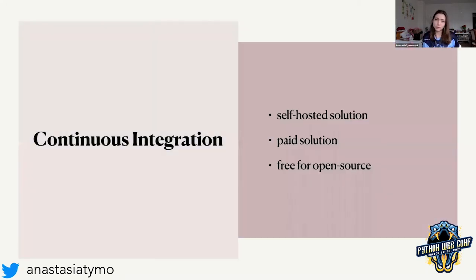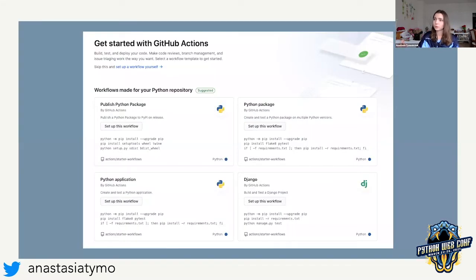So there are different solutions for continuous integration. There are self-hosted solutions, there are paid solutions, and also there are some free for open source. For this demo, I have chosen GitHub Actions because it's super simple. It has lots of different options, and depending on your purpose of this package specifically, you can choose one of those.